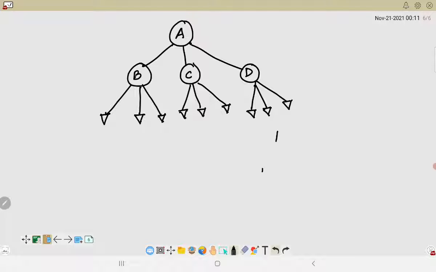Here we first introduce the utility values which would already be given to us: 3, 12, 8, then 2, 4, 6, then 14, 5 and 2.